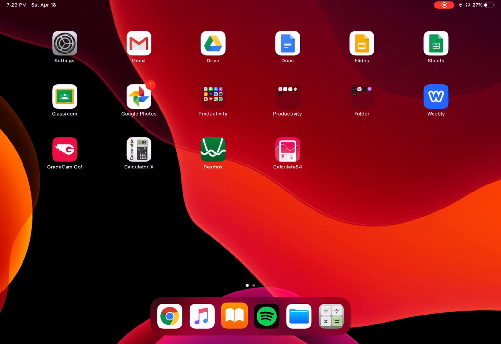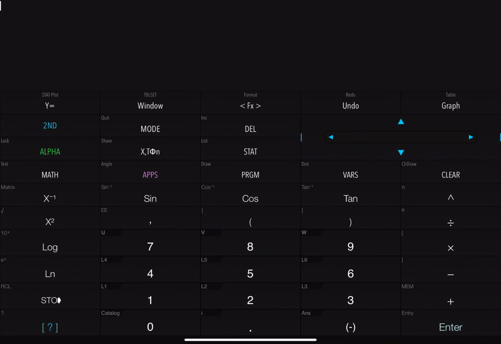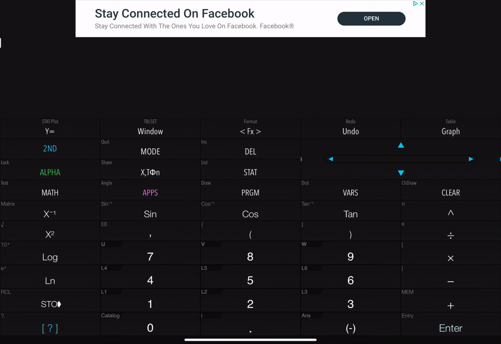All right, so if I'm doing that in my calculator, let's just go ahead and switch to the calculator that I have that's almost a graphing calculator. Well, it is a graphing calculator. It's more of an emulator though. And let's go ahead and type that in. I have 49 times.